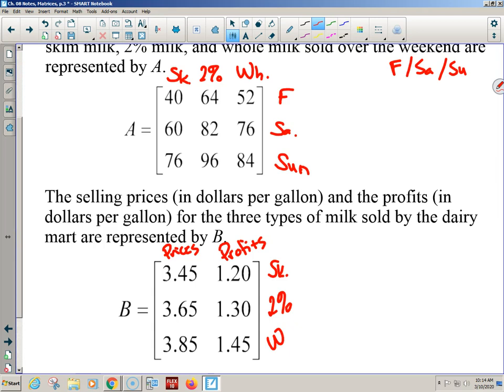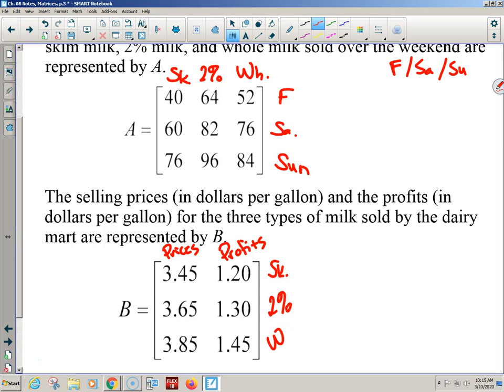How many skim gallons of milk were sold on Friday in the store? 40. Times, ready? What was the price of what kind of milk does it need to be? Skim milk, yeah? Oh, okay, so I have skim milk 40 at $3.45, and then 64 at $3.65, and then 52 at $3.85. Does that make sense with each of these milks and their respective prices?